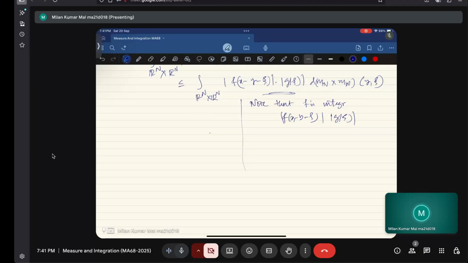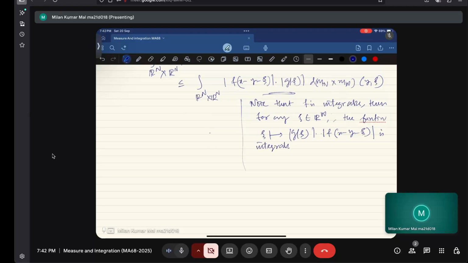So let's fix ξ and x. Then for any ξ belonging to R^n, the function ξ goes to g(ξ) is a constant right now, and |f(x − ξ − y)| is integrable. Why is that integrable?